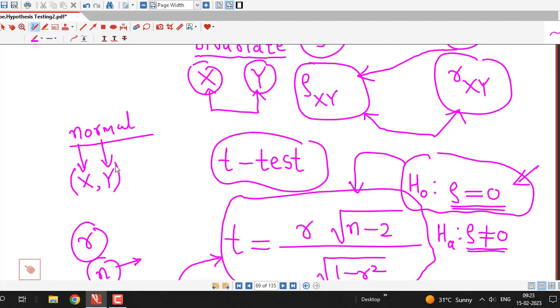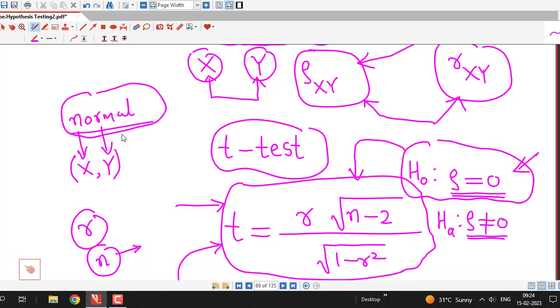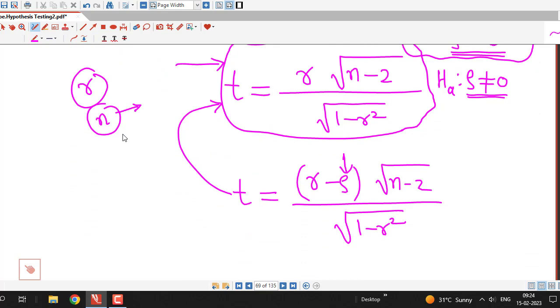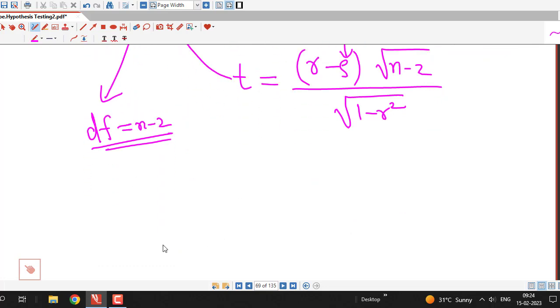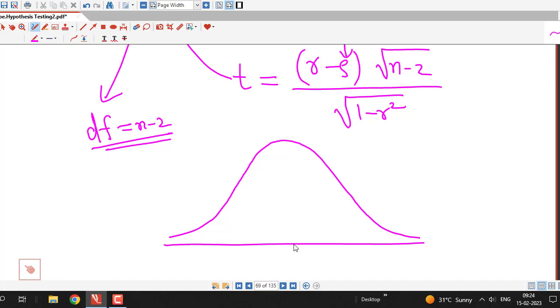To apply this formula, the assumption is that our population is bivariate normal, and under that assumption this statistic follows the t distribution with degrees of freedom equal to n minus 2. We are familiar with the t distribution. It is similar to the normal distribution, and its graph is a bell-shaped curve, as in the case of the normal distribution.